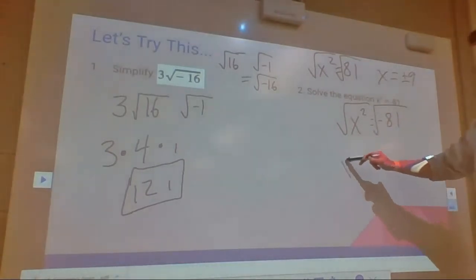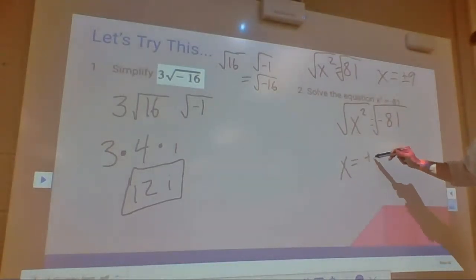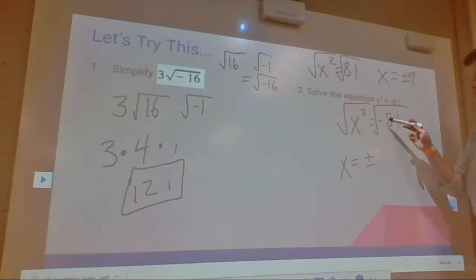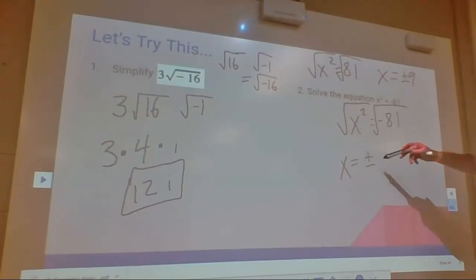So we'll get x equals positive or negative, but then we see that it has a negative under the radical. So we know that i is going to be in our answer. Whenever you see a negative under the radical, you'll know i is in your answer. So instead of positive or negative 9, you're going to get positive or negative 9i.